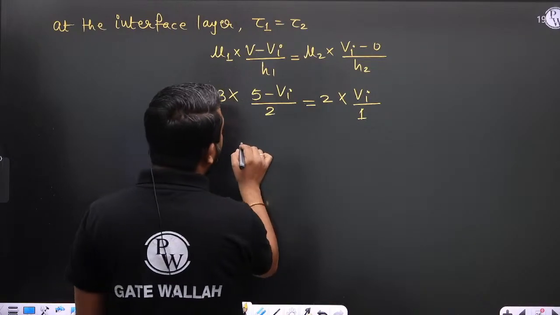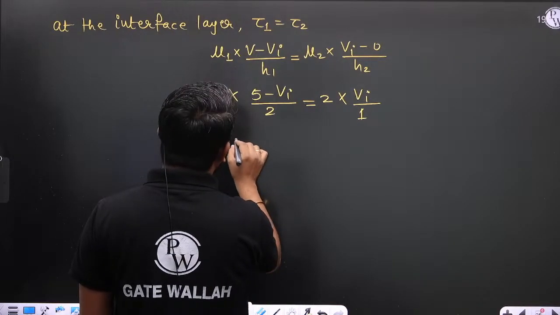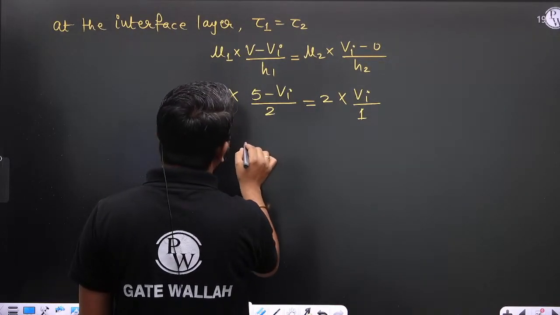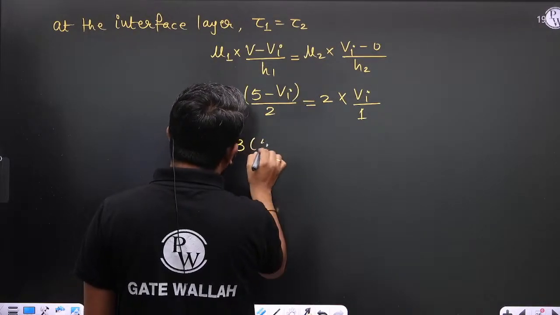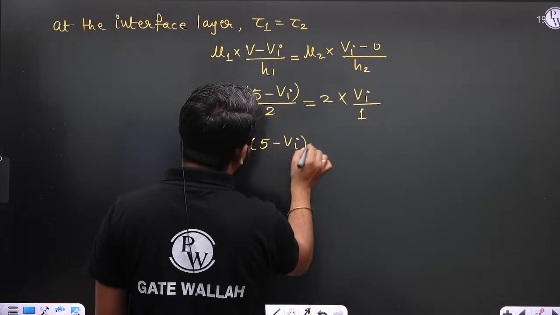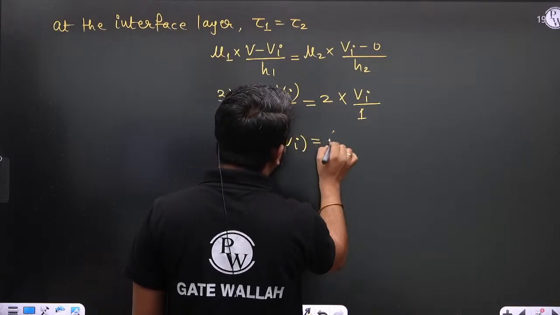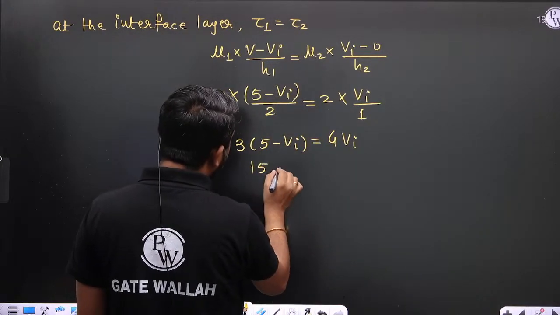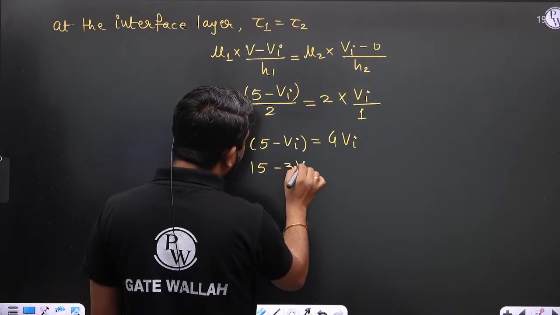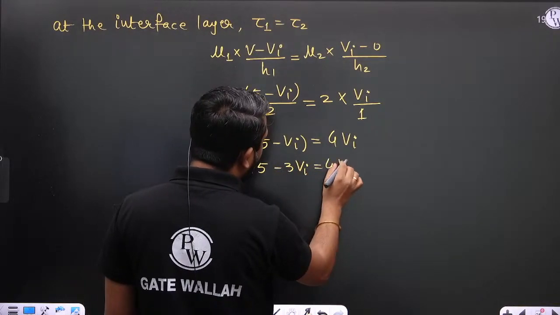So you can say 3 into 5 minus Vi is equal to 2 2s are 4, 4 Vi. So this is 15 minus 3 Vi is equal to 4 Vi.